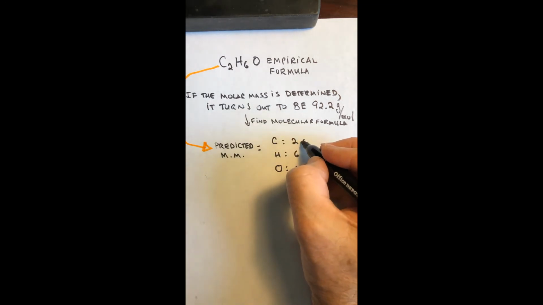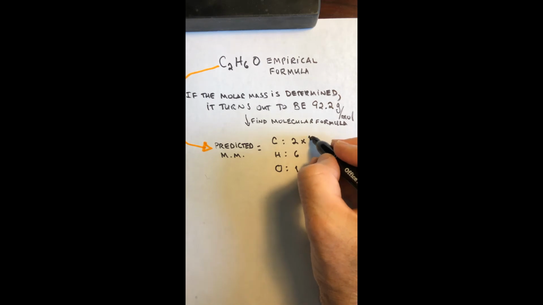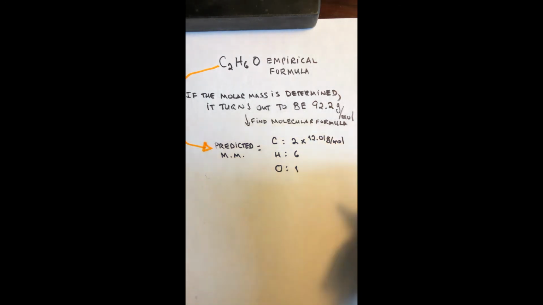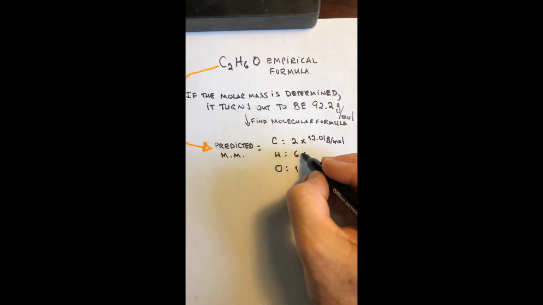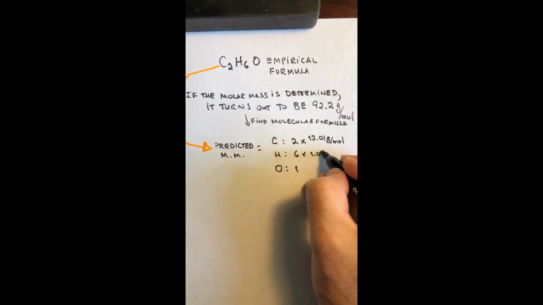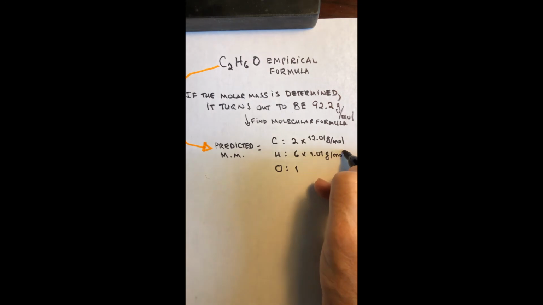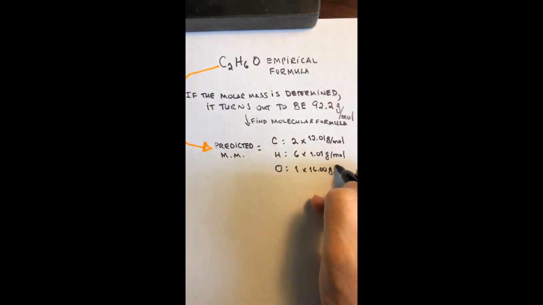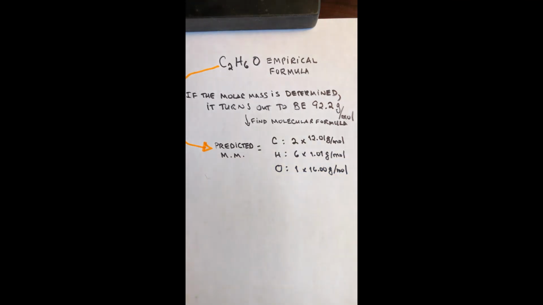And we know that carbon is 12.01 grams per mole, hydrogen is 1.01 grams per mole, and oxygen is 16.00 grams per mole.